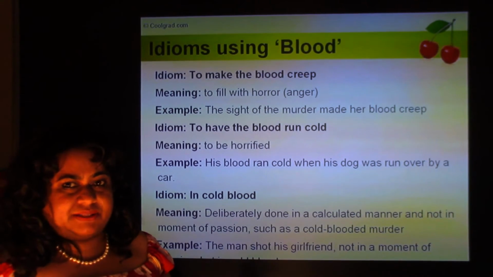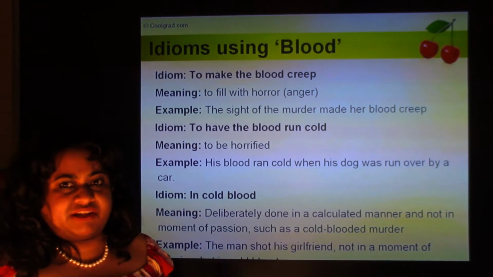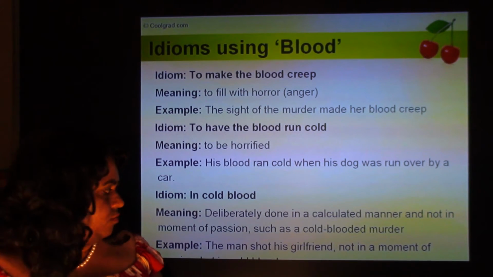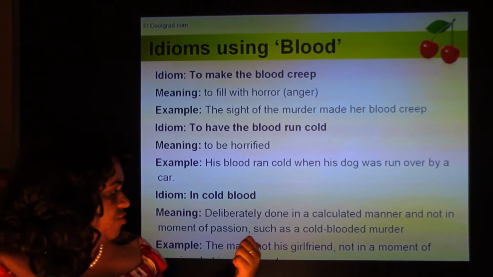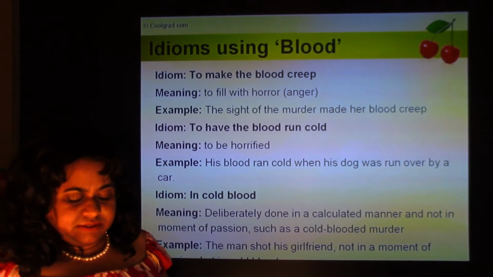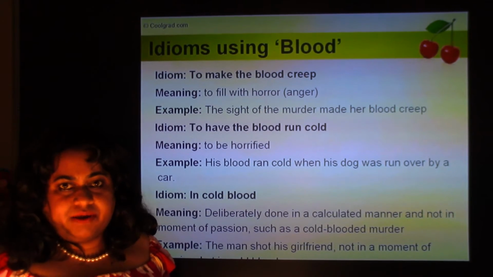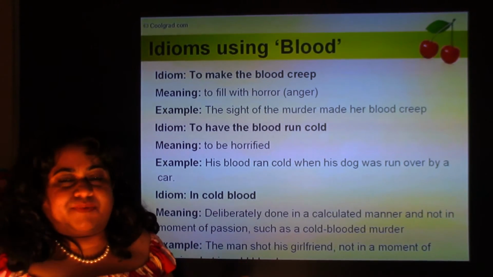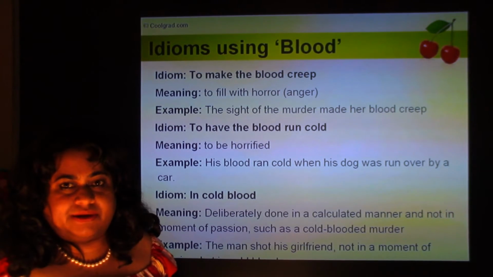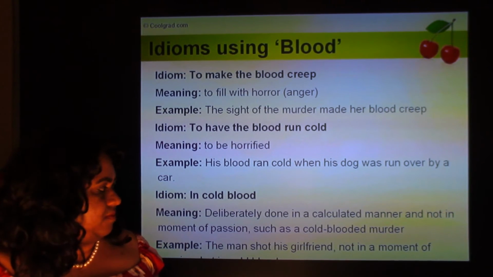Something which is not impulsive, not done in a moment of passion, is done calculatedly and deliberately. That's done in cold blood. So the man shot his girlfriend not in the moment of passion but in cold blood. Like if there's a crime and it was done in a moment of passion, then the sentence may be lower, but if it was done in cold blood, the sentence is longer.